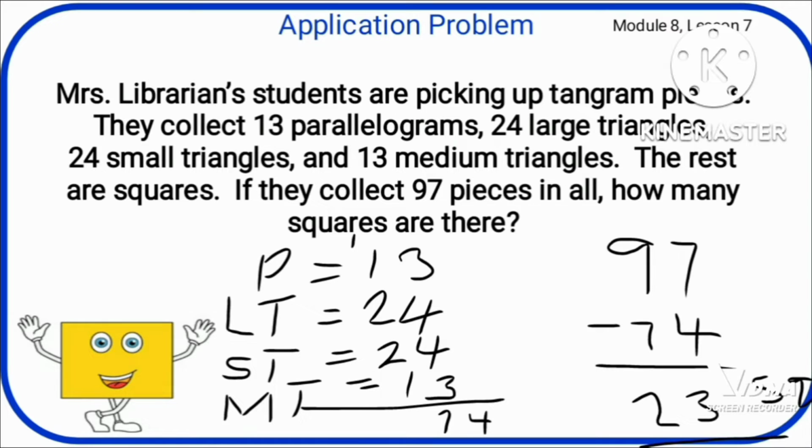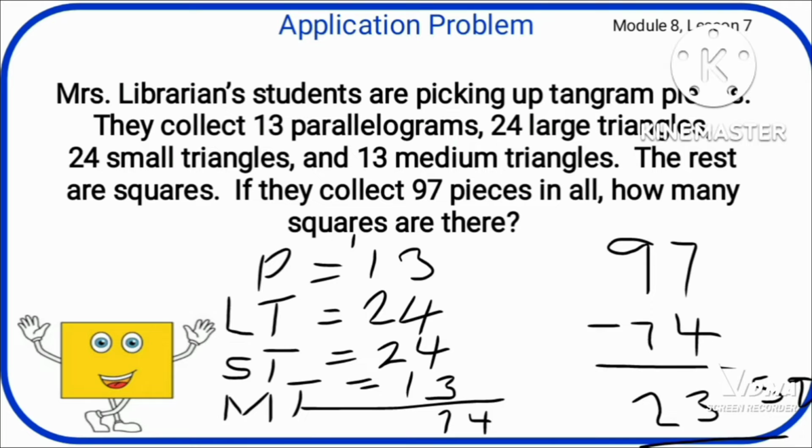Now, Mrs. Librarian's students are picking up tangram pieces. They collect 13 parallelograms, 24 large triangles, 24 small triangles, and 13 medium triangles. The rest are squares. If they collected 97 pieces in all, how many squares are there?